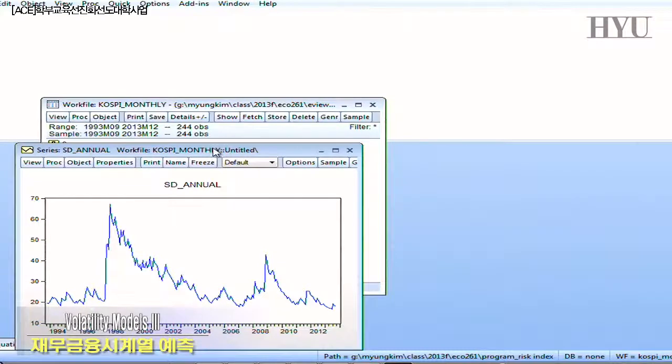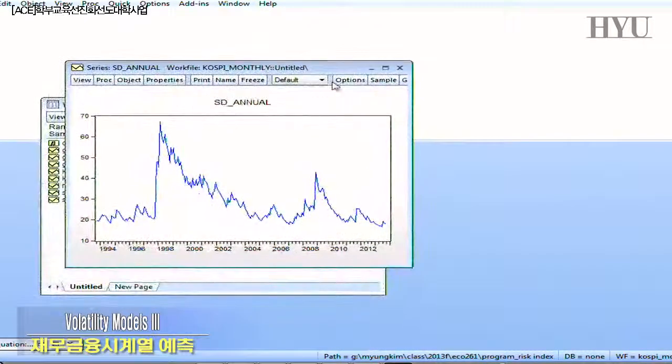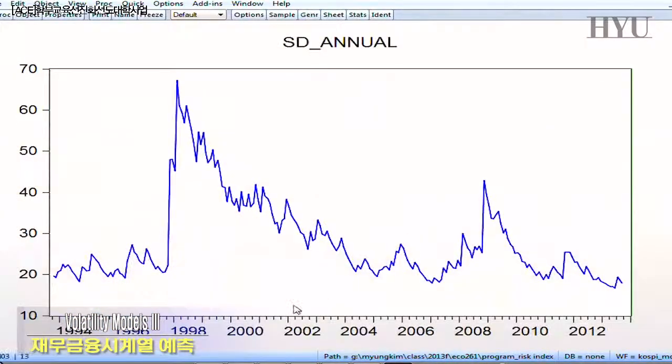This result is sigma t times the square root of 12, and to make it percent, I multiply that by 100. Okay, so this is the annual figure.